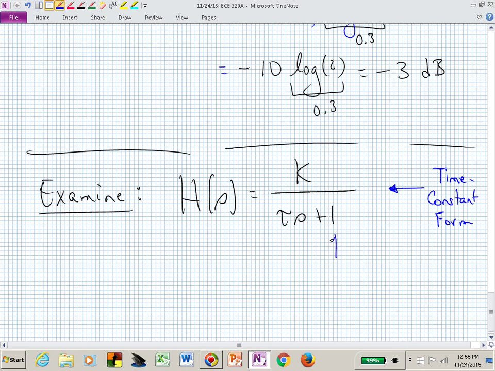And the reason that we're calling it time constant form is we've now normalized the constant to be 1. And this allows all of the gains of all of our factors to be absorbed into one gain piece, and then we can simply start examining the factors in a more general or consistent manner.